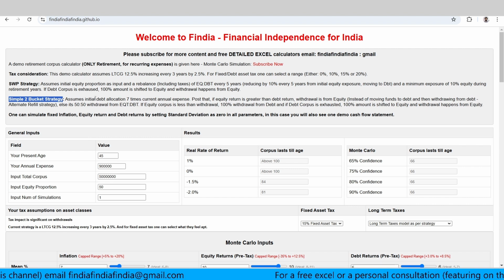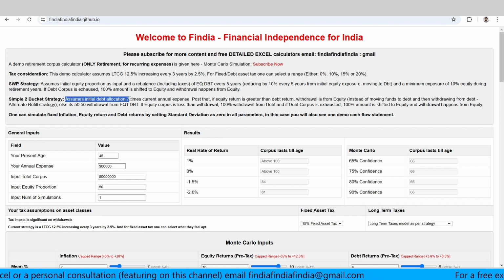We have tweaked that concept a little bit. Instead of moving funds from equity to debt every year or every 2 years and then withdrawing from debt, we use 2 buckets, but for the initial allocation of debt we have taken 7 times the current annual expense. That means you have at least 7 years of annual expense in your short-term bucket.